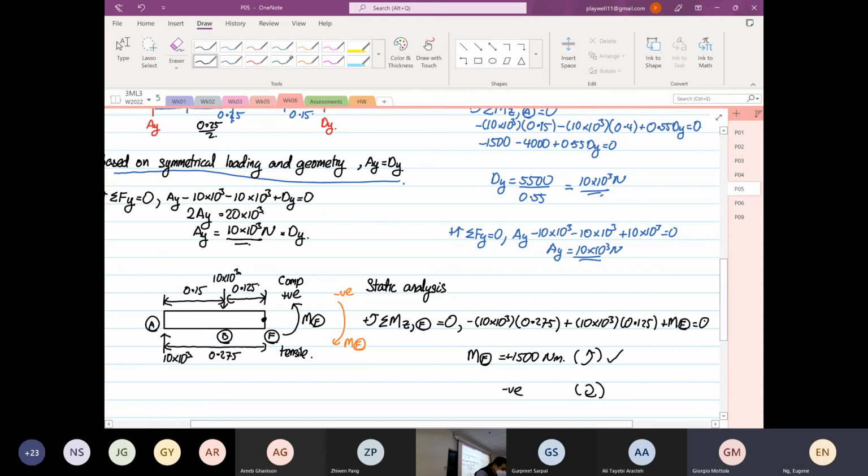If it's negative, now it changes. This will be compression, and this is tensile. But for now, our answer over here is positive. This is positive.